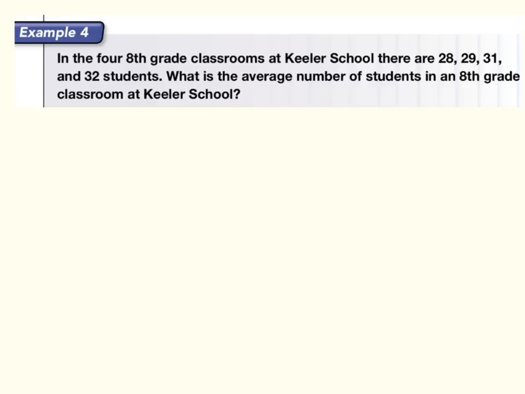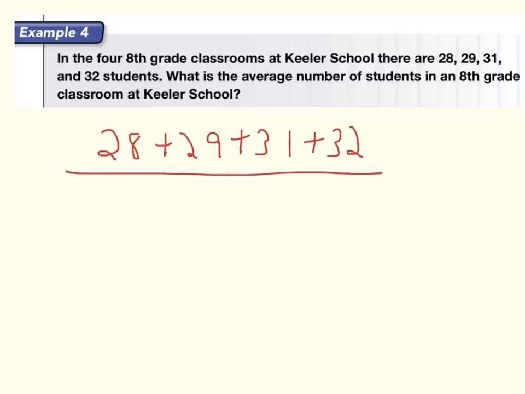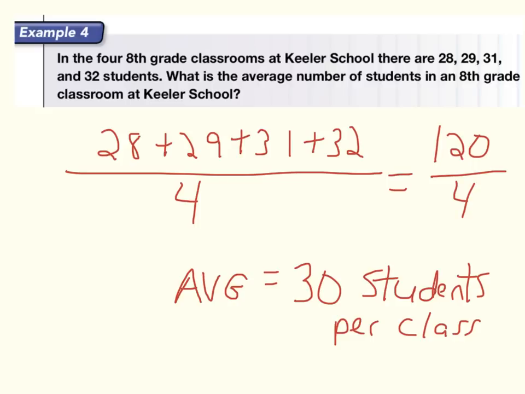Well, we would just add those numbers up: 28 plus 29 plus 31 plus 32, and divide by the number of numbers. I have 1, 2, 3, 4, so I'm going to divide by 4. When you add up, you get 120, divide it by 4, and you get an average of 30 students per class.